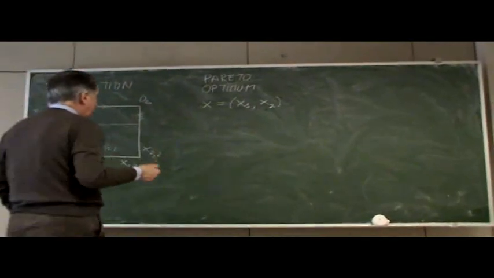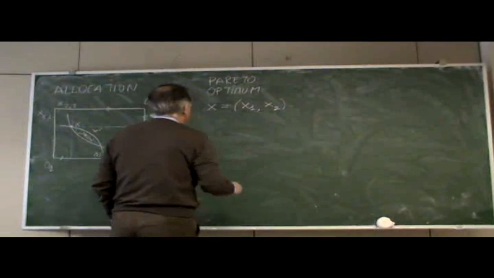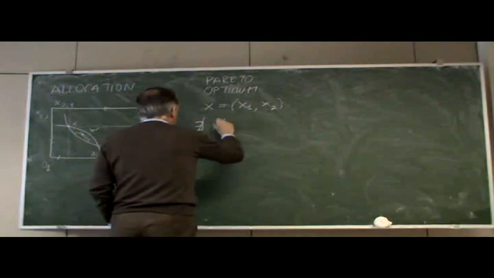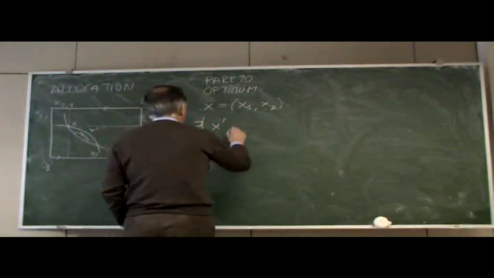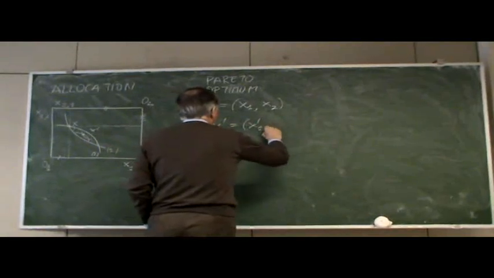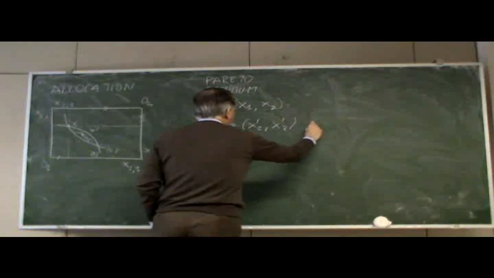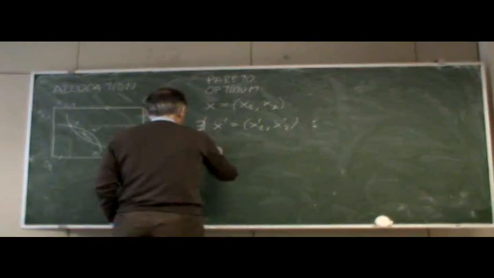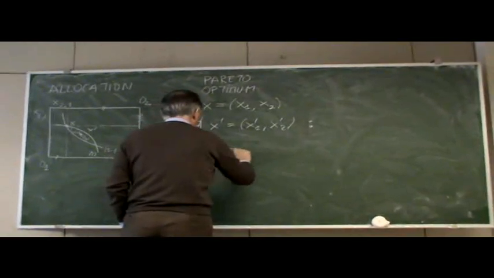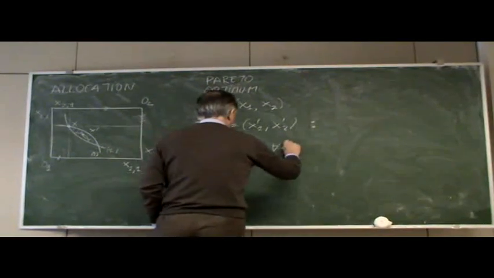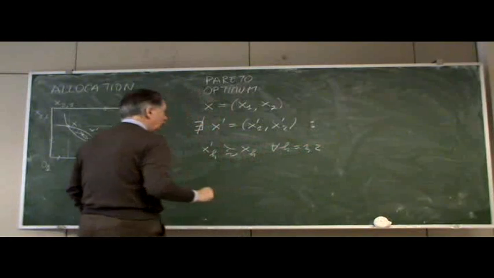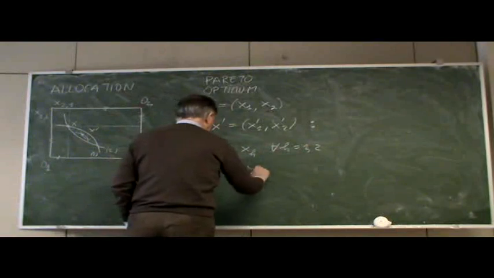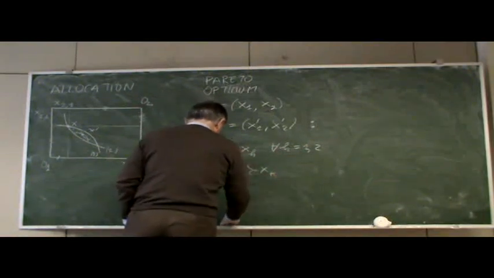However, this allocation X is a Pareto optimum if there does not exist another allocation X prime with these components such that, let us use the preferences, X prime H is preferred or indifferent to XH for every H which ranges from 1 to 2, and there exists a K such that X prime K is strictly preferred to XK.